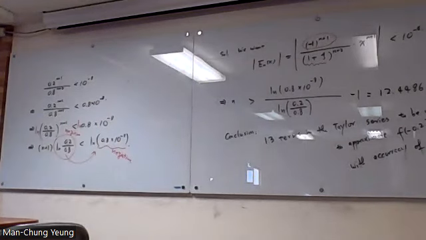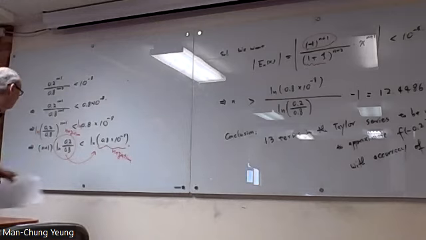Taylor's theorem has several forms. This form is Taylor's theorem with error in Lagrange form. Now the next form is Taylor's theorem with error in integral form.